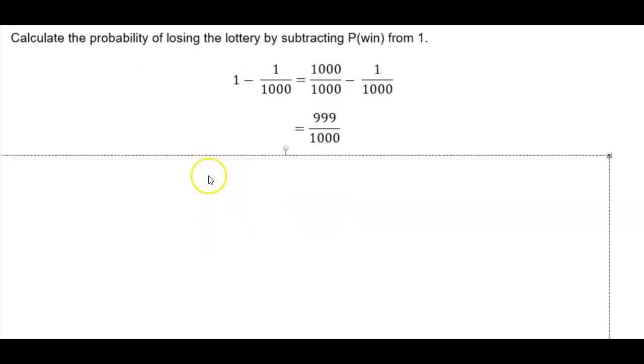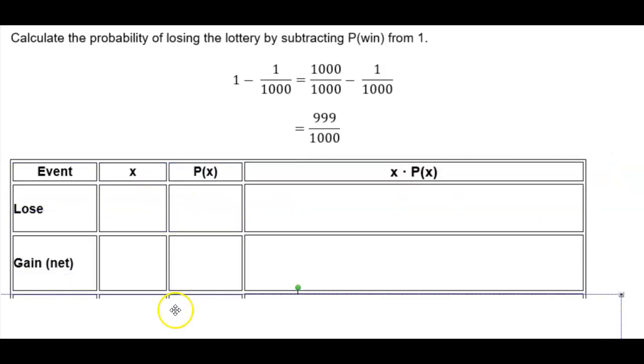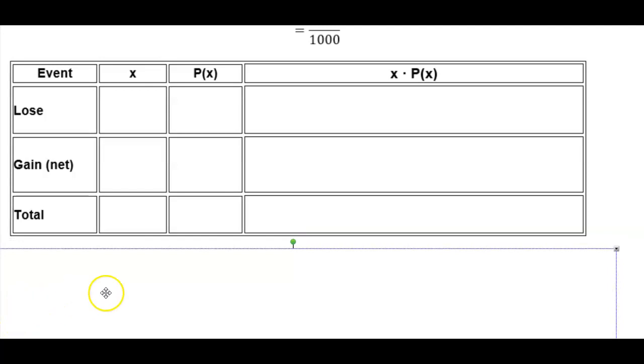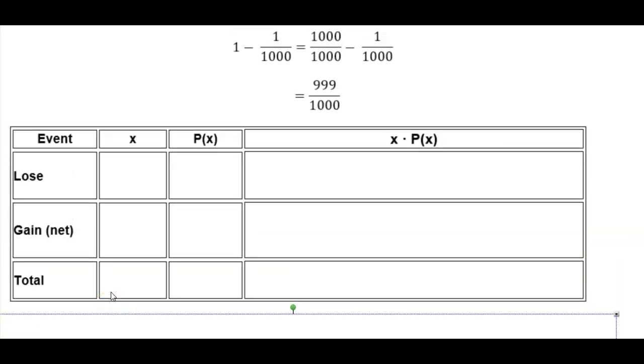So now we are going to create a table to find the expected value. So we have the event, so you have either lose or the gain, which is the net, and then you have the total. And then we have x.